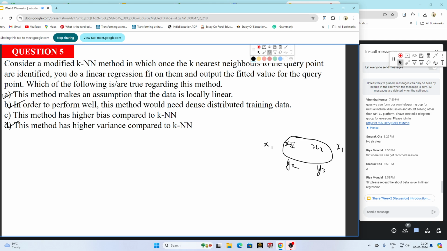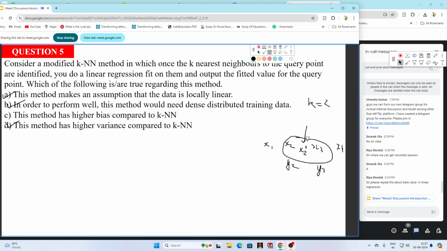What happens is in KNN we take the help of the nearest neighbors. Like we have 4 data points, x1, x2, x3, x4. Like we are asked to find the value of one data point that is between x2 and x3. Let it be x2 dash. So how can we find it? We can find it by KNN. KNN means we will consider the neighbors. How many neighbors we will consider? That depends on the k value. Let's say the k value is 2.